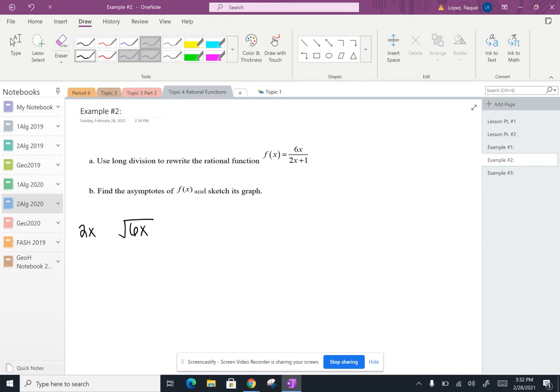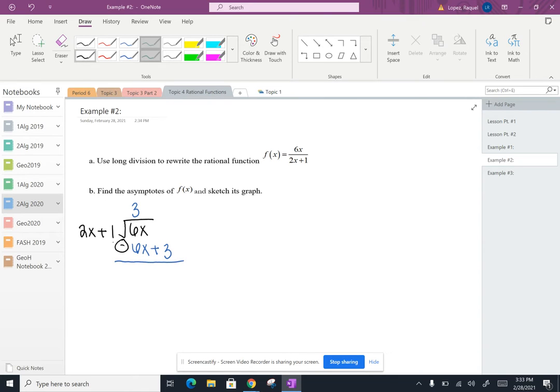So 2x plus 1. Okay, and then the next thing we're going to do is some division. So we're going to do 6x divided by 2x, and that's going to be 3. And now some multiplication. 3 times 2x is 6x. 3 times 1 is 3, so we're going to write plus 3. Put this down here.